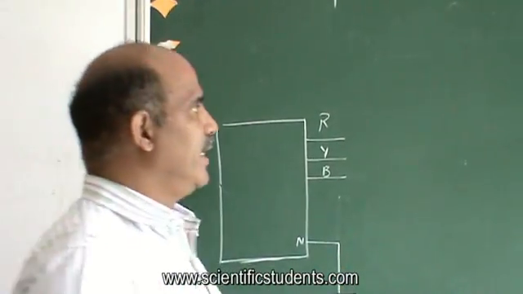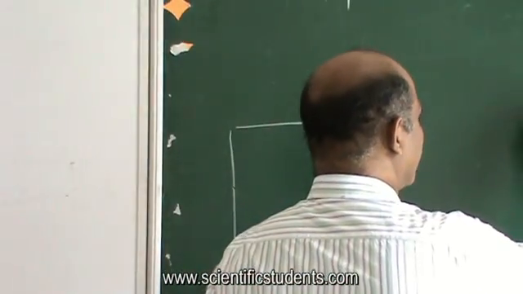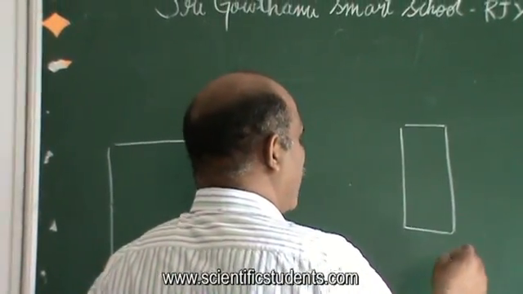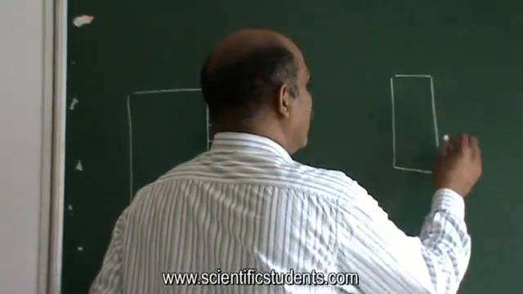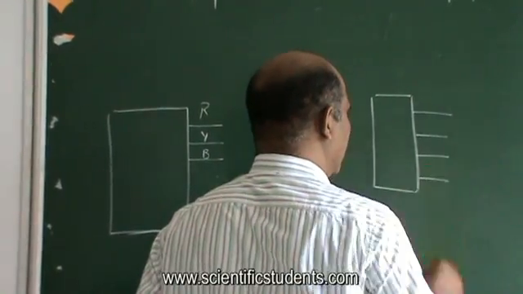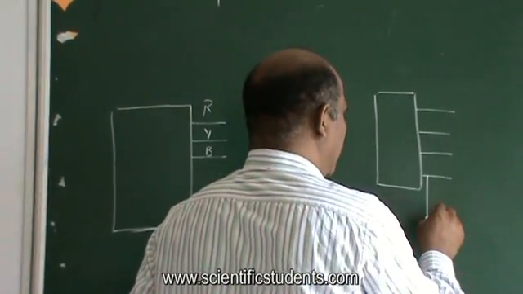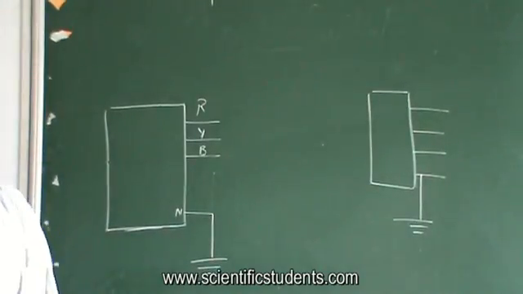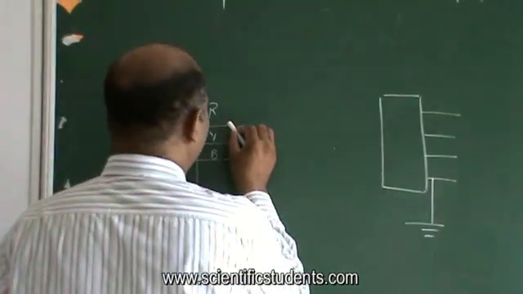Okay, suppose here we have a transformer. It is giving you once again three phases and one neutral. And this neutral is brought from the ground connection, and these phases are directly connected.